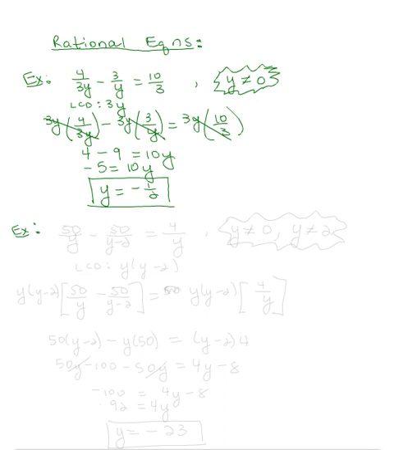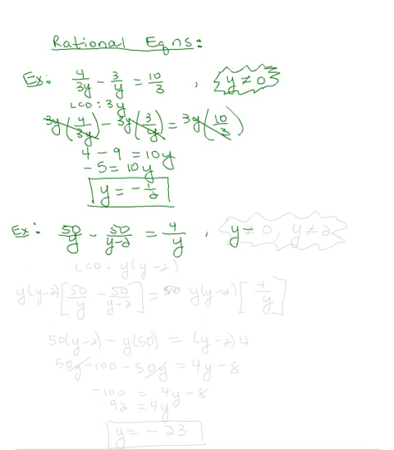Our next example will be a little more complicated. It'll be 50 over y minus 50 over y minus 2 equals 4 over y. Now, we can't have y equal to 0 and y can't be equal to 2.